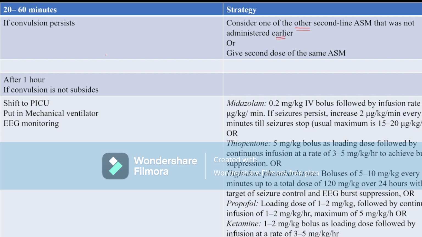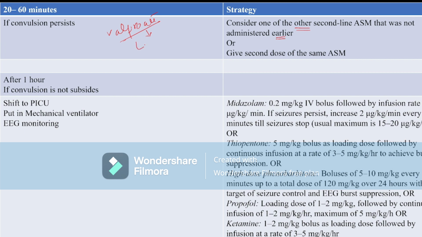Suppose we start with valproate, we give valproate to a patient, but the seizure has not subsided after 20 minutes, and the convulsion occurred less than 60 minutes ago. That means 60 minutes is the cutoff mark. Between 0 to 60 minutes, if the convulsion has not subsided after giving a second line anticonvulsant drug, you can start another second line drug.